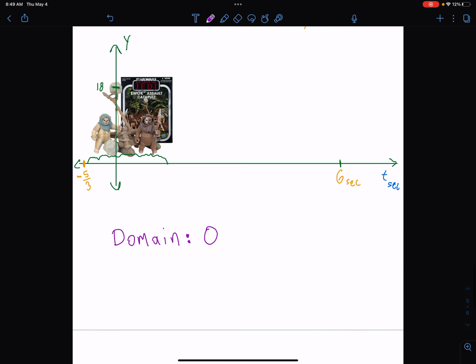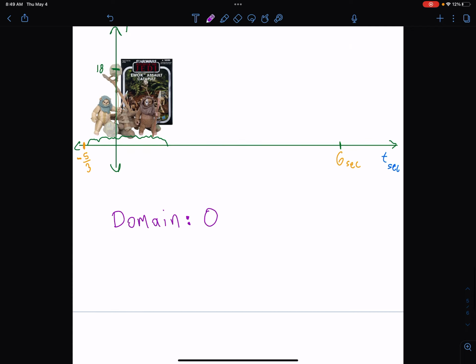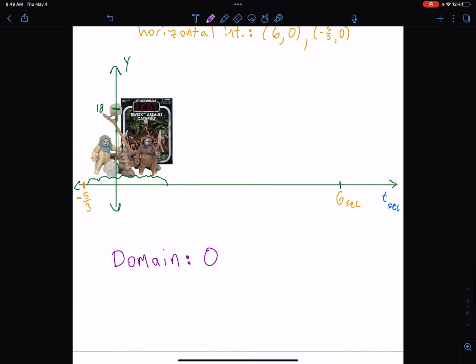So guess what? That negative 5/3 is going to help us find our vertex so we can see the maximum height of this thing, but we could care less about the fact that this rock supposedly had a height of 0 at negative 5/3 seconds.